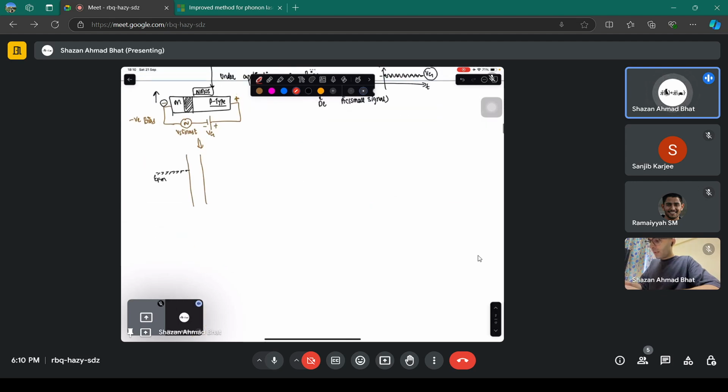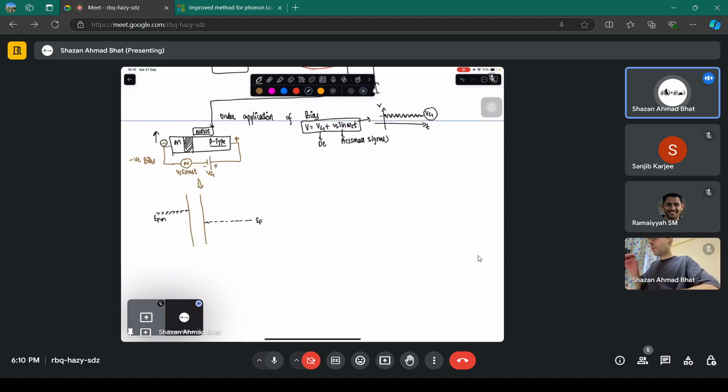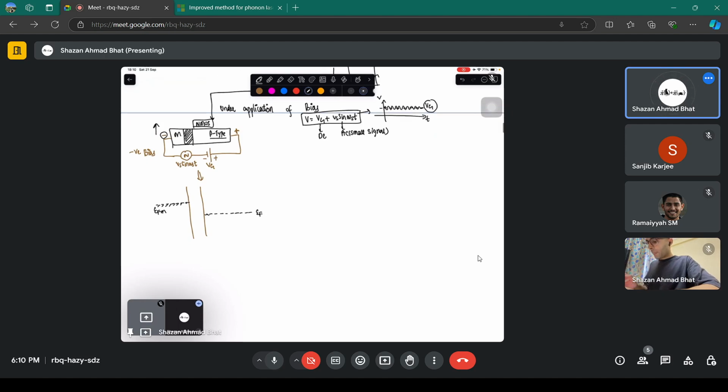Now, when the Fermi level of this metal goes up, on the other side the semiconductor Fermi level goes down because you have applied a positive voltage. It reduces the electrostatic potential energy of electrons. Because this is a p-type semiconductor and you have applied a negative here, it's as if negative charges are developing at the metal-oxide interface.